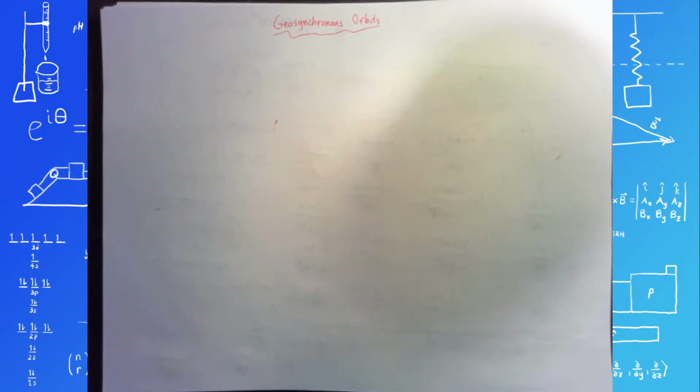So sometimes we want to launch a satellite in such a way that it hovers above a specific point on Earth, which means it needs to orbit around the Earth in such a way that it's always facing that same point. It needs to orbit in a way that's synchronized with the natural rotation of the Earth around its own axis. So the question is, to what altitude must such a satellite be launched in order to have such an orbit?